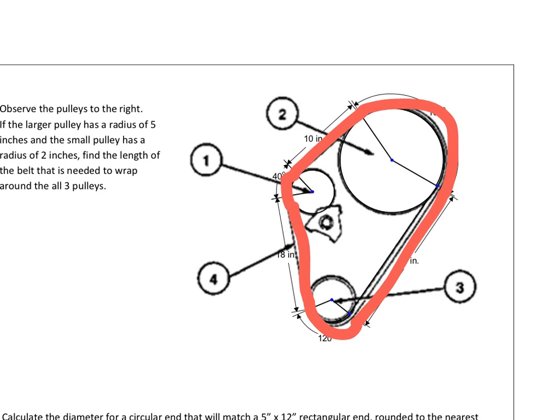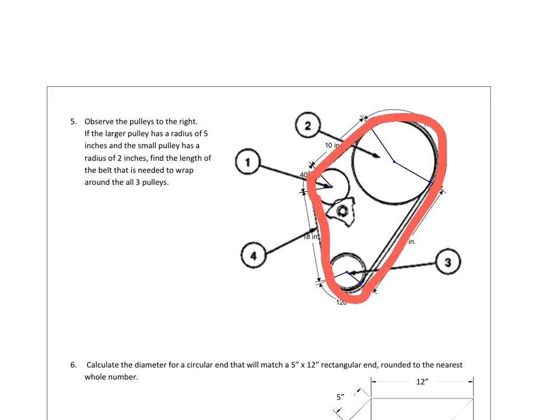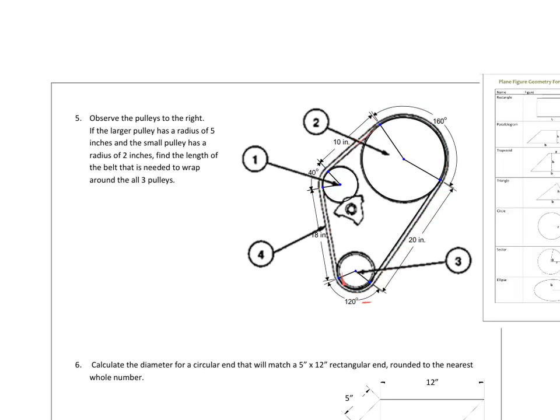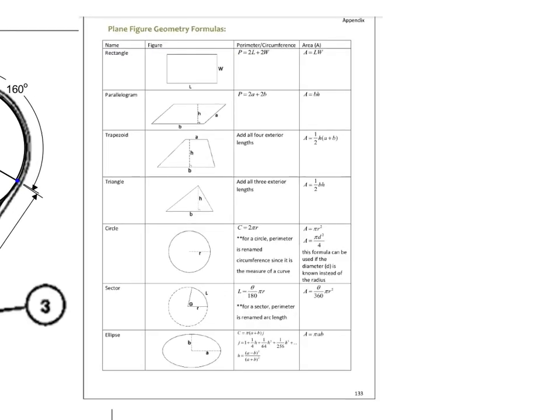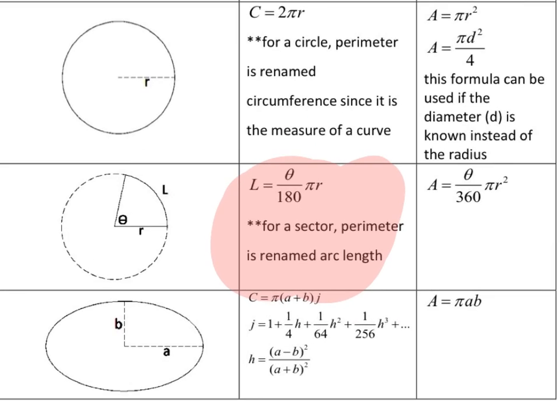Okay, so in the back of the book, we have a formula sheet. And this sheet will tell us the formula for the length of an arc. So the formula we're looking for is right here. So that's the length or the perimeter of the arc. So that's this distance right around the edge of this curve.